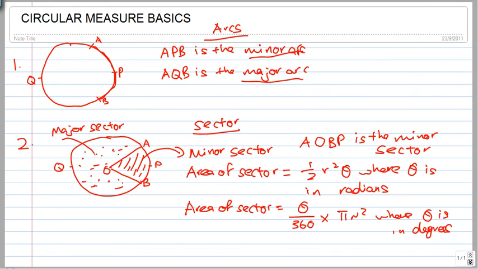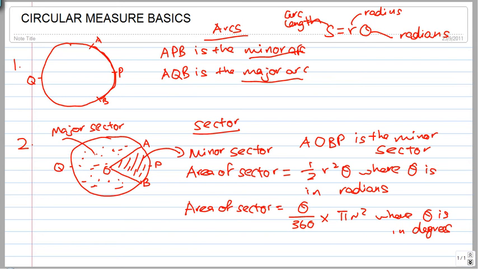What about arc? If you want to find the arc length, you can take s equals r theta. s is your arc length, r is your radius. r in every formula is radius, and this theta is in radians.